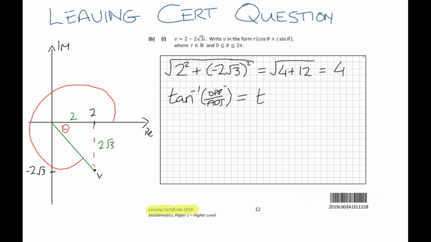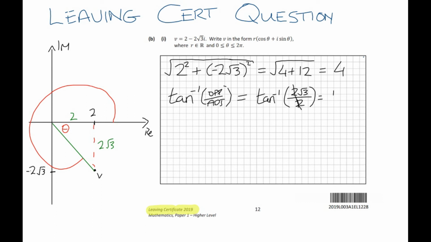So the opposite side to theta is 2 root 3, and then the adjacent side is 2. So essentially that's the tan inverse of root 3, because the 2's cancel there. So what's the tan inverse of root 3?